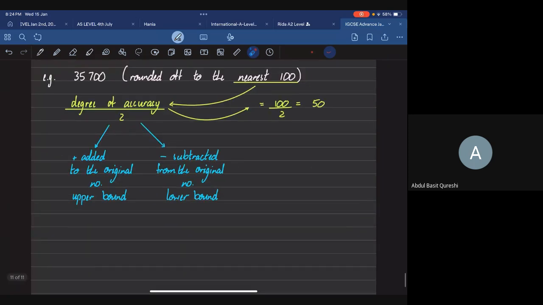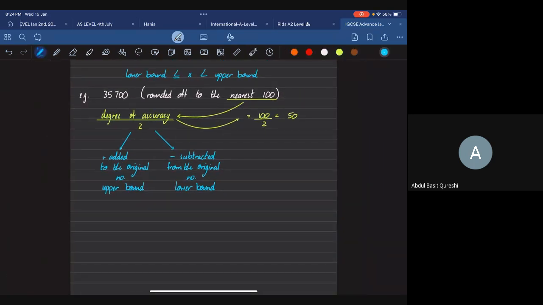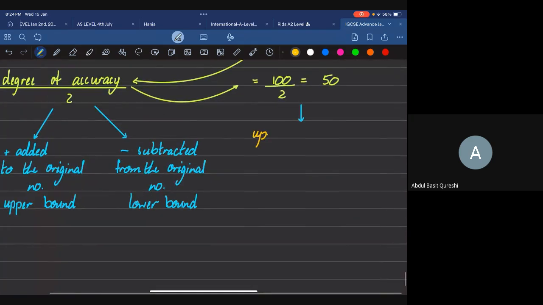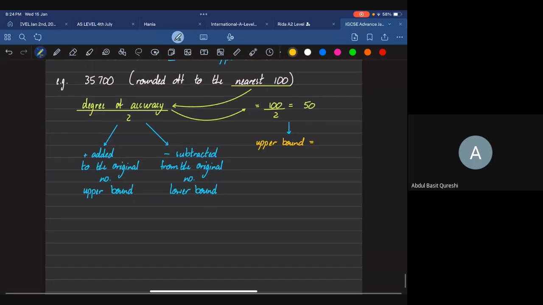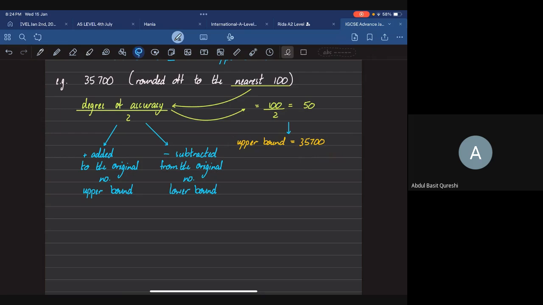So if you're asked to calculate the upper bound, that is simply going to be my original number, 35700, plus the degree of accuracy divided by 2, the midpoint.